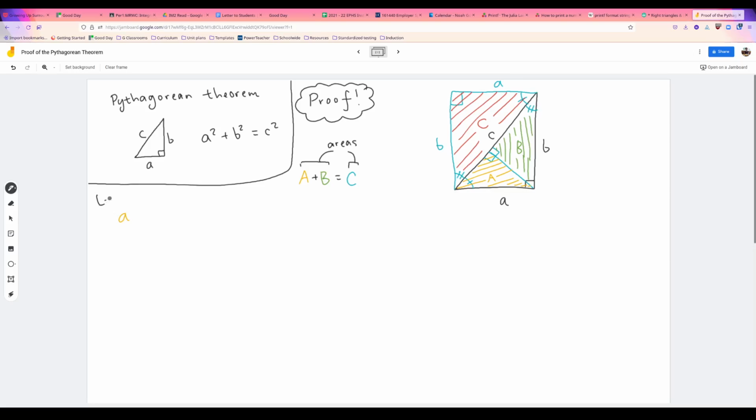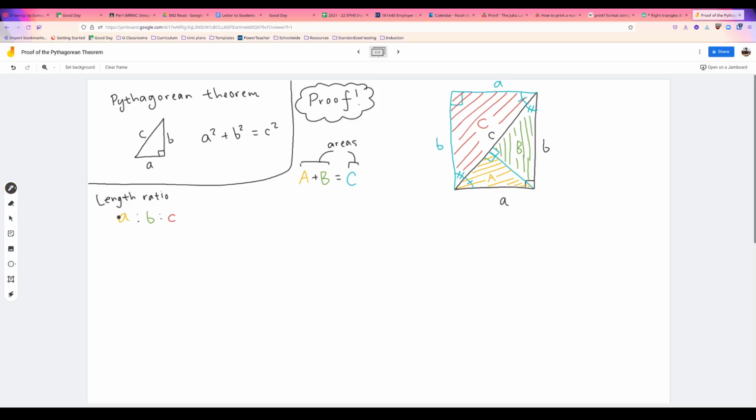So we're just looking at the length ratio right now. And then what's the length of the hypotenuse of the green triangle? Well, that's just B, lowercase b. And finally, the length of the hypotenuse of the C triangle, well, that's just C, lowercase c.